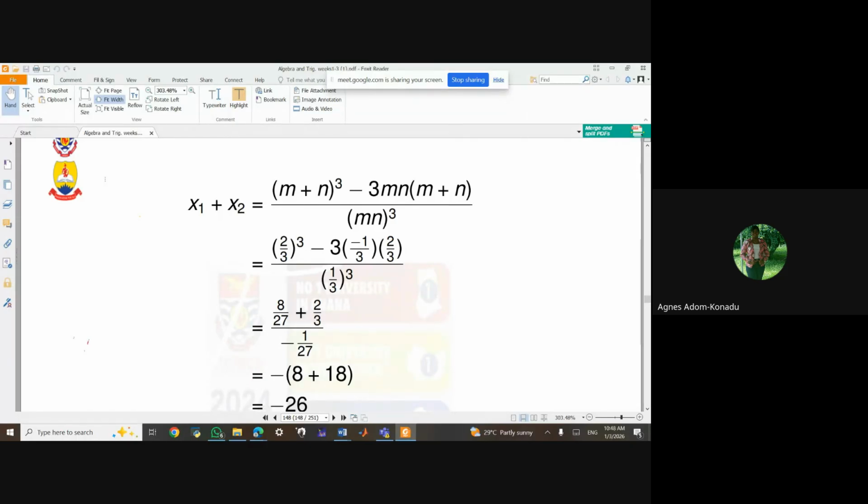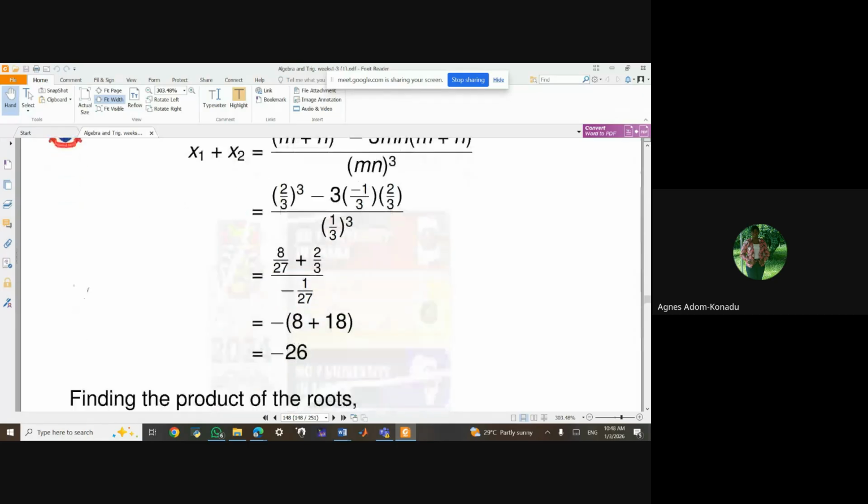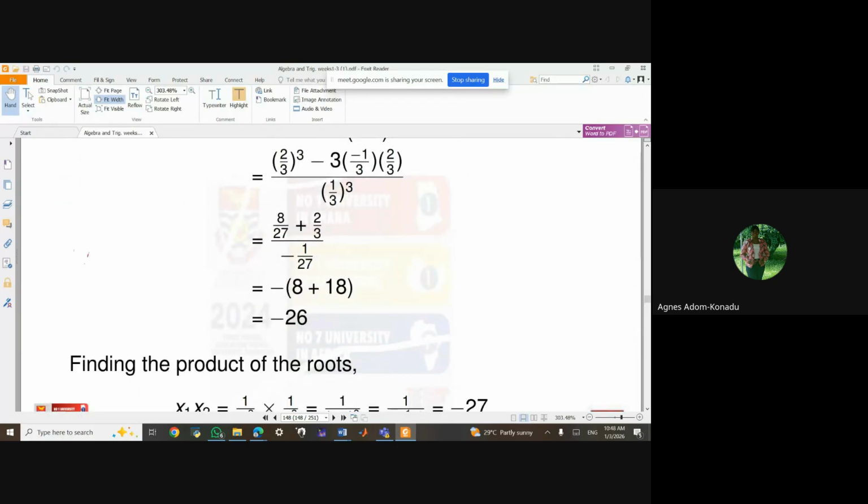So you expand and you get 8 over 27 plus 2 over 3, all divided by minus 1 on 27. Then when you simplify, you get minus 26.